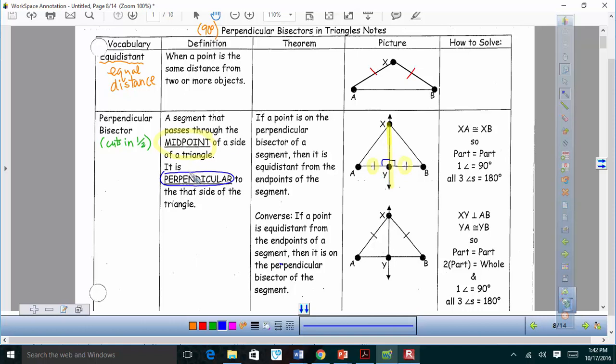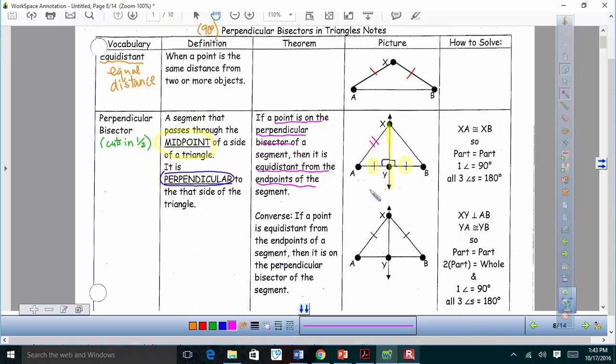Now, the theorem tells me that if a point is on the perpendicular bisector, like X, then it is equidistant from the endpoints of the segments. Okay? So, point is on perpendicular bisector means equidistant from the endpoints. So that's talking about these sides.